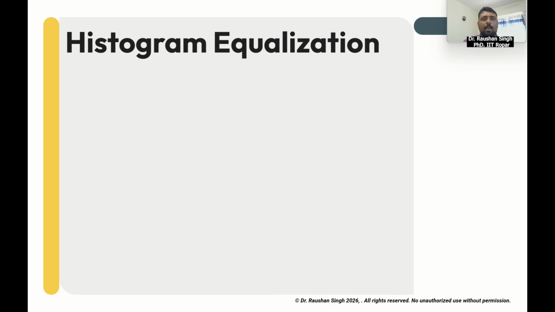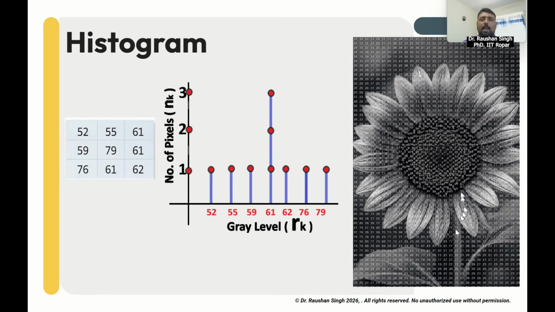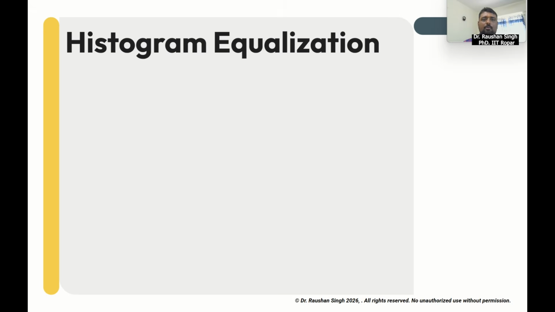Moving forward, we have histogram equalization. Now you know what a histogram is. Histogram equalization is nothing but adjusting these values. You know that we move toward 0, which is black, and toward 255 for an 8-bit image, which is white. Now if the equalization is not correct, what will happen?